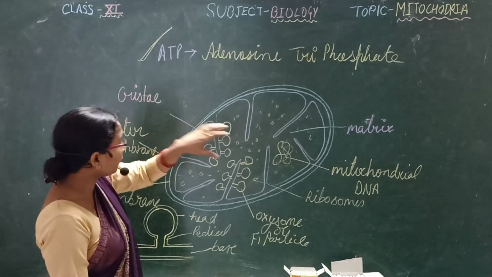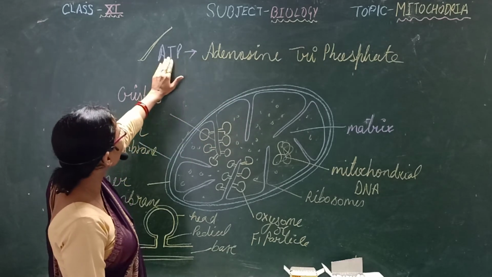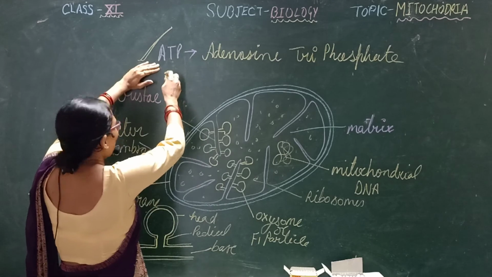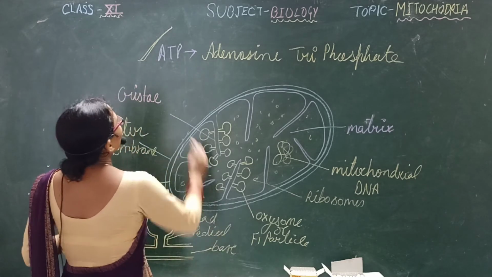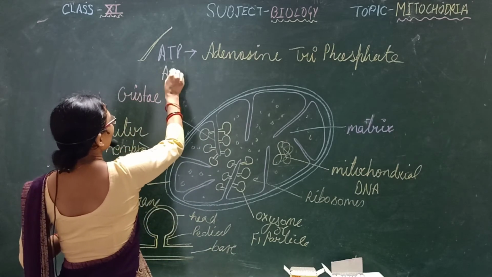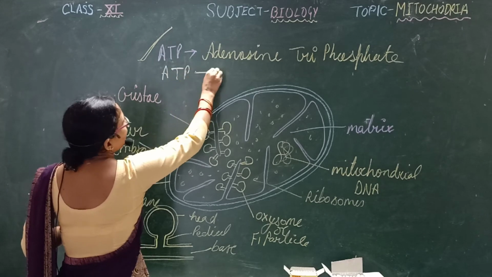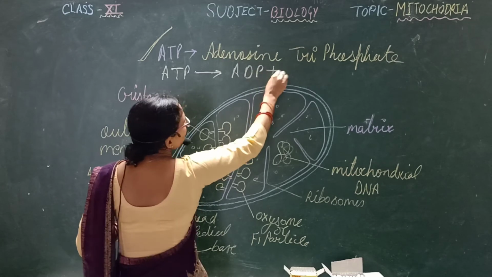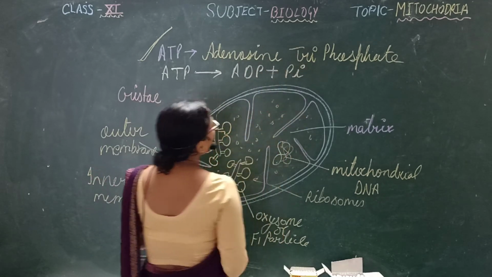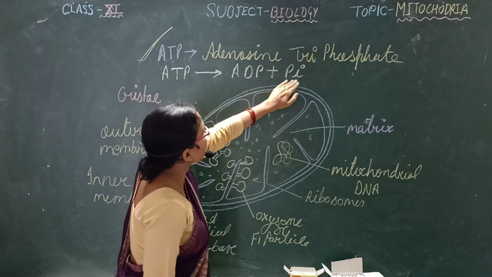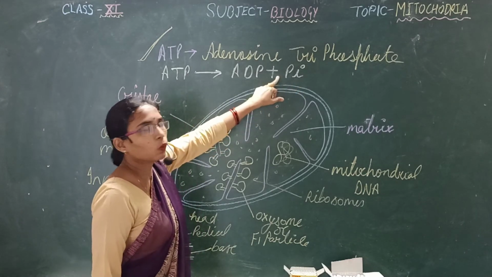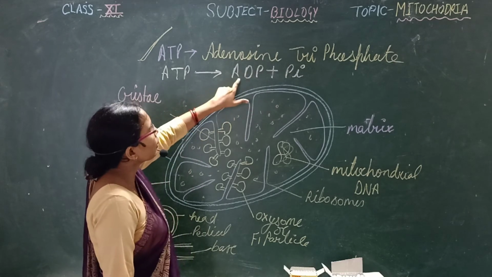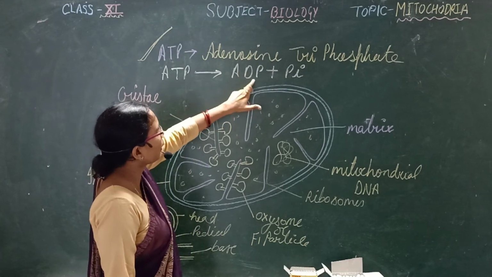And that energy, if ATP breaks down, it forms ADP. ATP का जो breakdown होता है, ATP gives ADP plus Pi. Okay, now here Pi is the inorganic phosphate, and ADP is adenosine diphosphate.